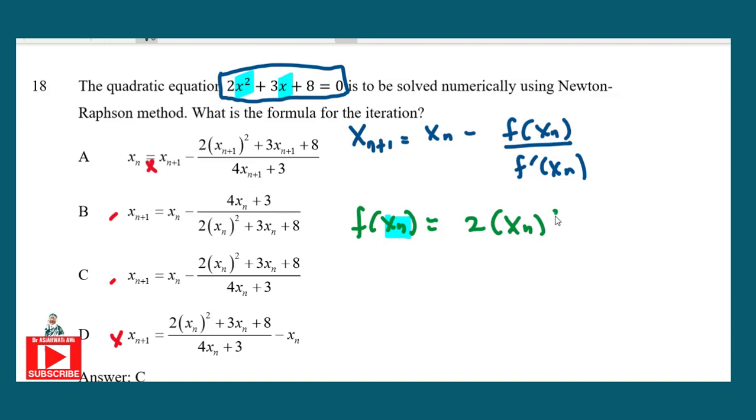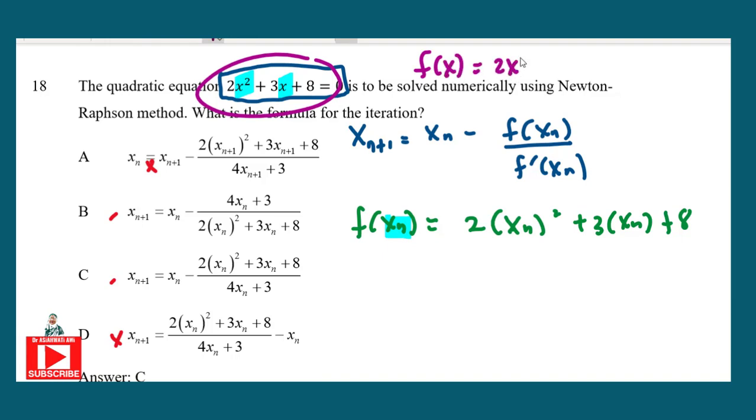Substitute: f(x_n) is 2x_n squared plus 3x_n plus 8. Then f prime of x: f(x) is equal to 2x squared plus 3x plus 8, so f prime of x is equal to 4x plus 3.